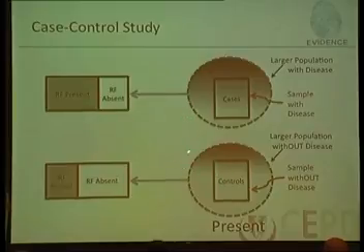And the hypothesis is that investigators hope those cases will have more risk factors compared to the controls. So they're hoping the controls will have fewer risk factors. Good? Okay?